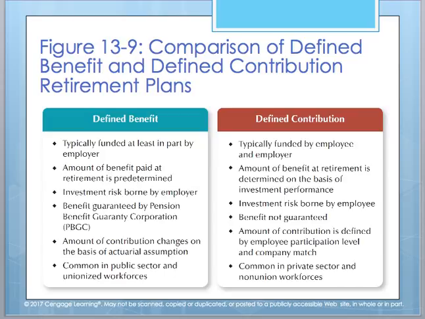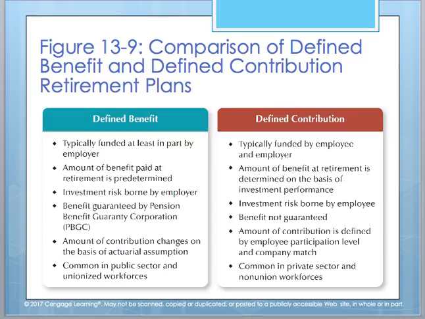Now, how we define benefits: the differences between a defined benefit and defined contribution retirement plan are these. The defined benefit is funded at least in part by your company, but the defined contribution is usually funded by you and the company. The amount of benefit paid at retirement is predetermined in a defined benefit.